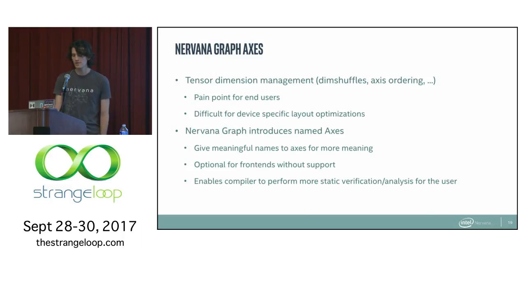So we use axes, which is just a way to give meaningful names to the dimensions of a tensor. It's completely optional for front ends that don't support this. And as I mentioned before, this allows the compiler to perform static verification, so you can tell that you won't have a tensor dimension mismatch at runtime.